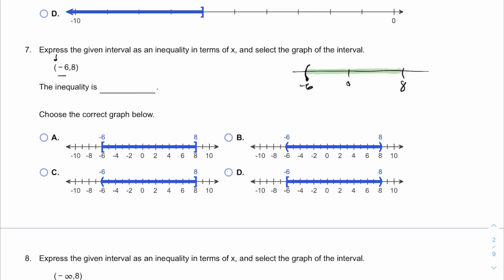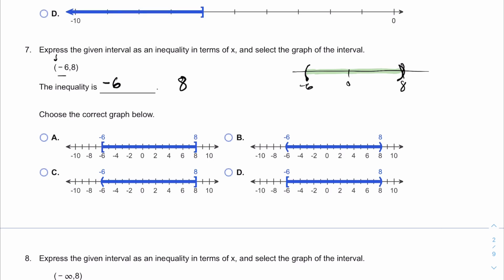So we can see that these endpoints are open. That means our inequalities are not going to have an equal sign under them. The nice thing about interval notation and the compound inequality is you put the small number on the left, you put the big number on the right.